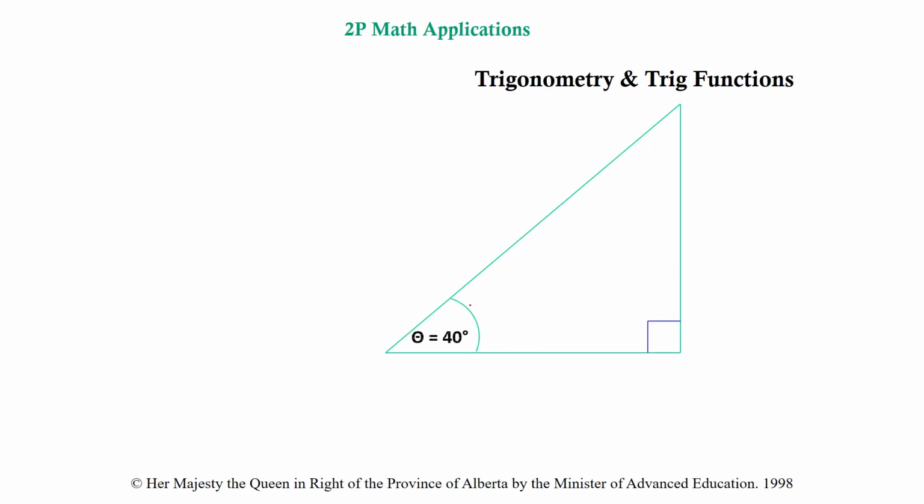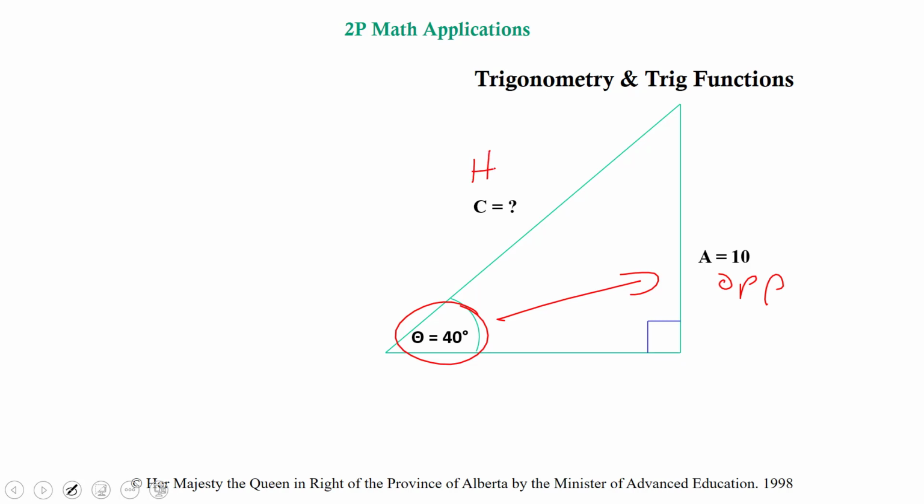In this case, we've got a 40-degree triangle. Side A is valued at 10, and we want to know what side C is. We're still going to be using the sine ratio because we have the angle and the side opposite, and what it's asking for is the hypotenuse.